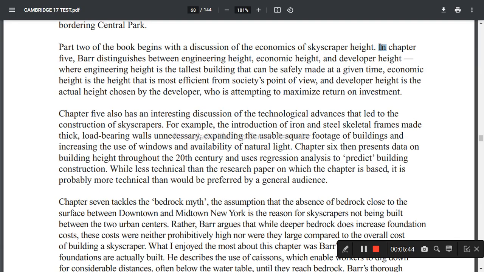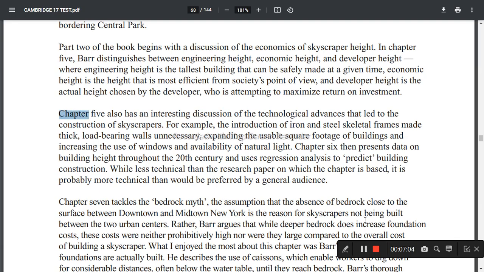Economic height is the height that is most efficient from society's point of view, and developer height is the actual height chosen by the developer who is attempting to maximize return on investment.